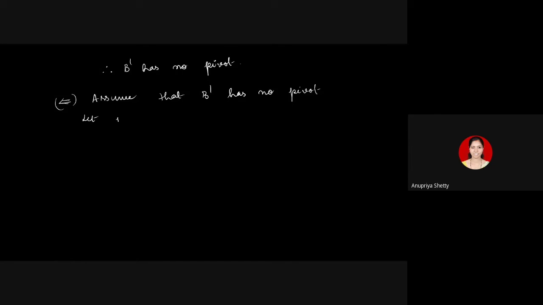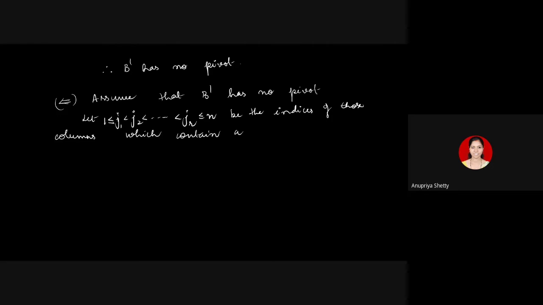Let J1 less than J2, and so on, less than JR, which could also be equal to N, be the indices of those columns which contain a pivot.